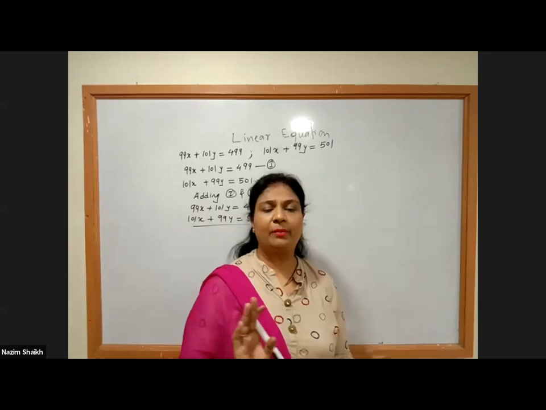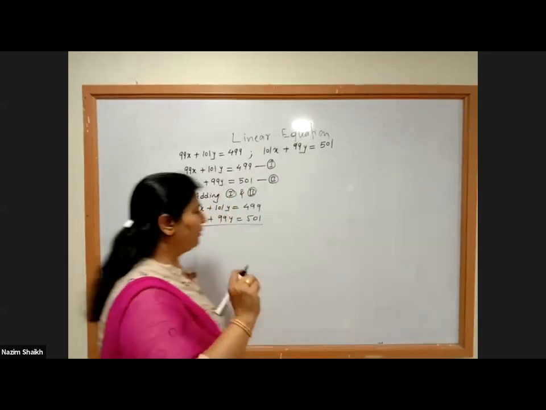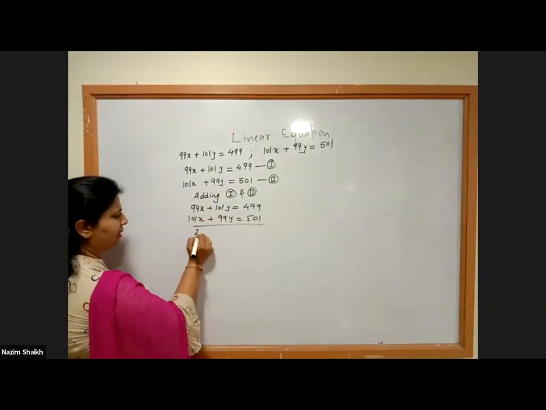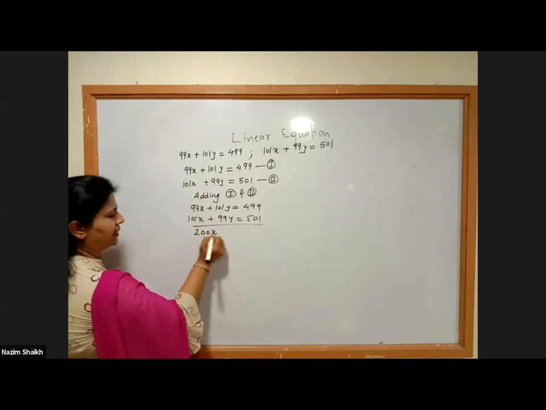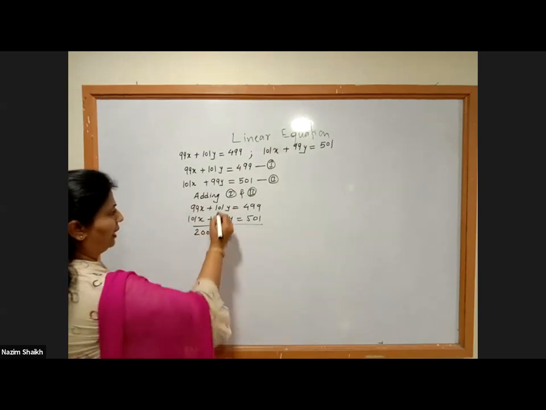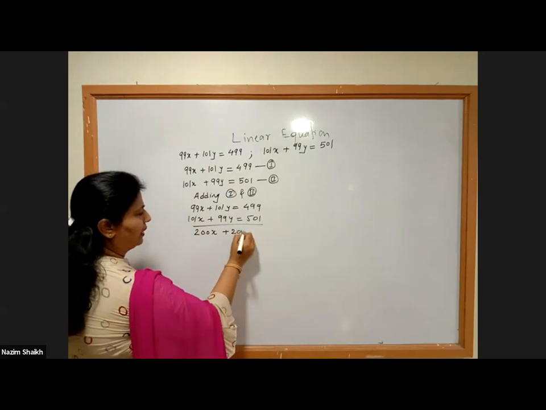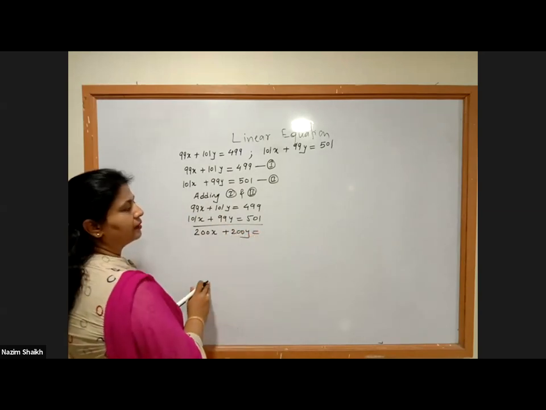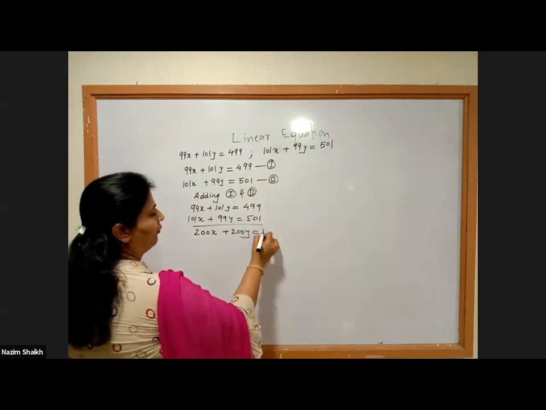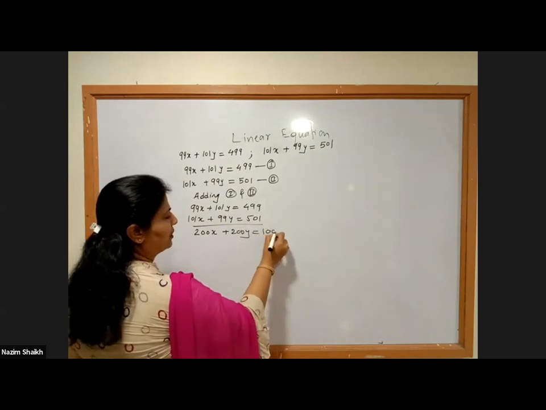Not a single variable is going to get cancelled here. So what will I get? 99 plus 101, that is 200x. 101 plus 99 is 200y. And here 500 and 500 happens to be 1000.